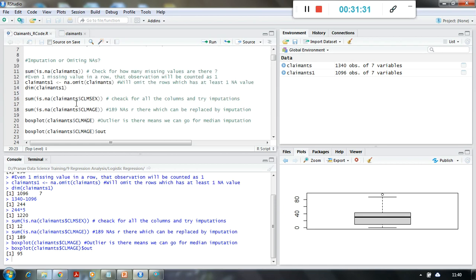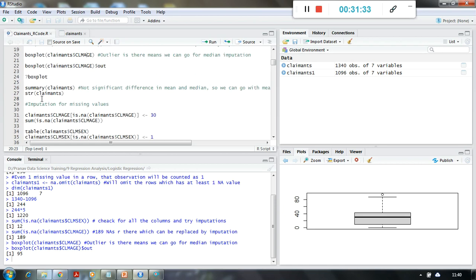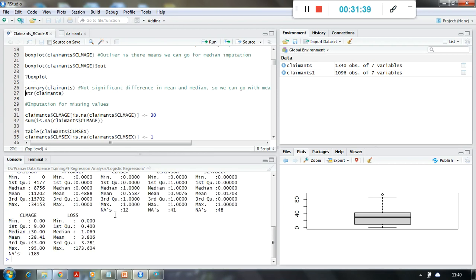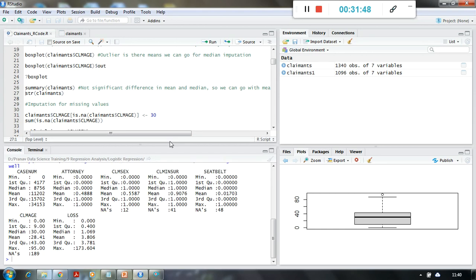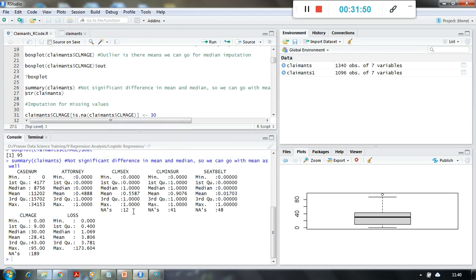Alright, so this is one way of looking at how many missing values there are, or you can simply execute the summary of the claimants, and here you can see how many NAs there are.